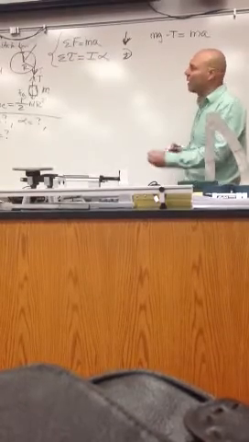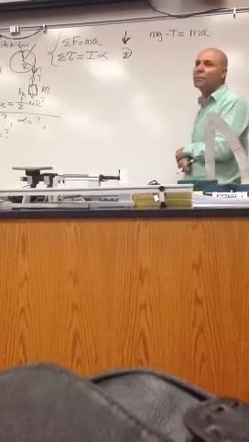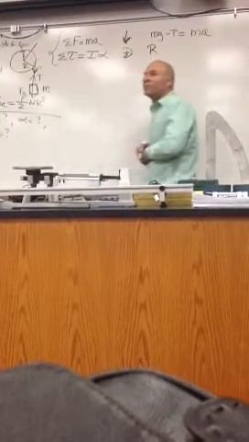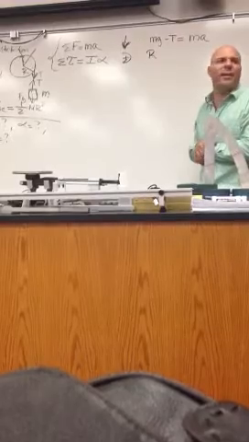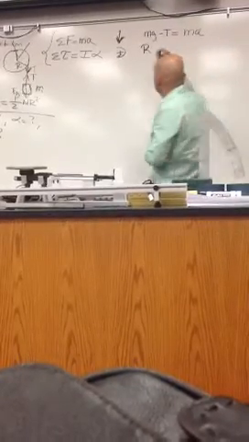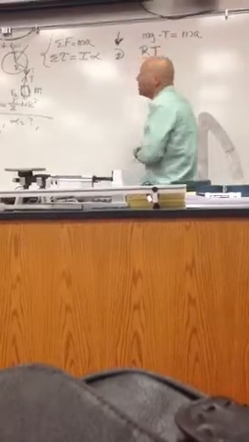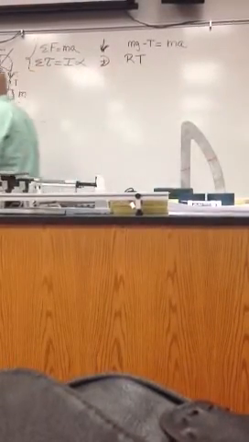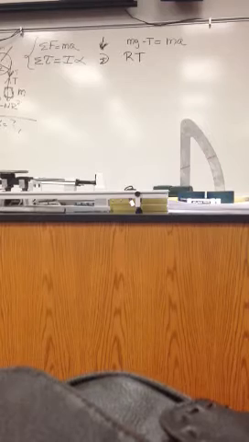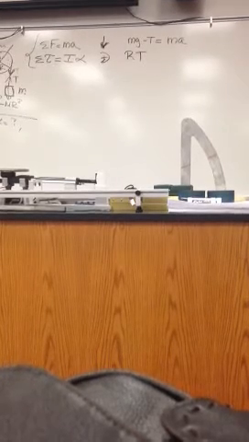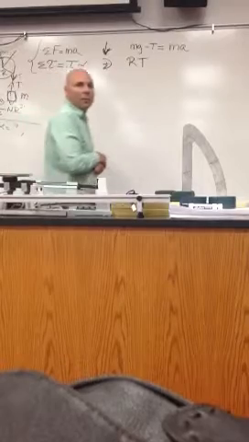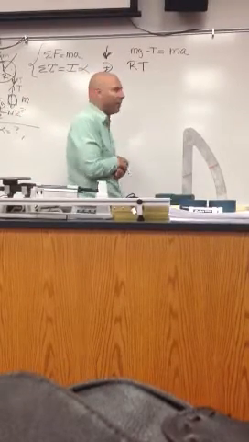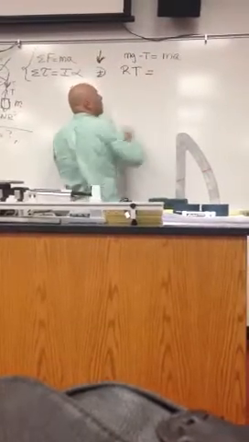Distance from the axis of rotation to the point of application of the force: the radius of the pulley. Times F. What is F? Tension. Sine of the angle between the radius and the tension. What is the angle? 90 degrees. What is sine of 90? 1. We have maximum torque, correct? At 90 degrees, sine of 90 is 1. So I get RT.